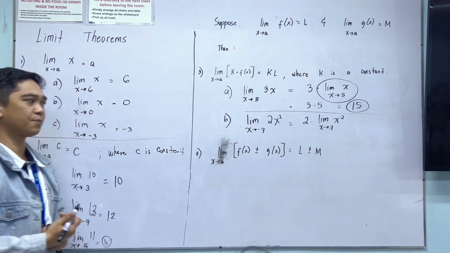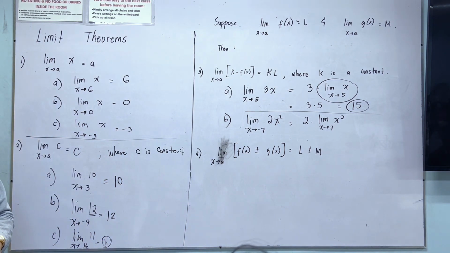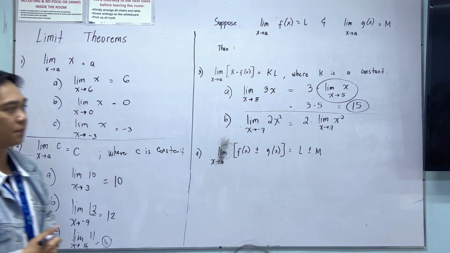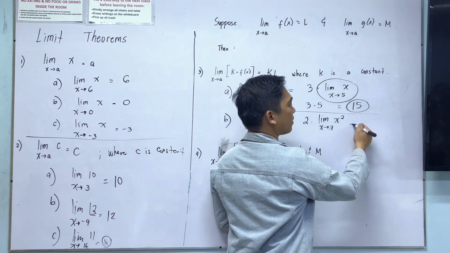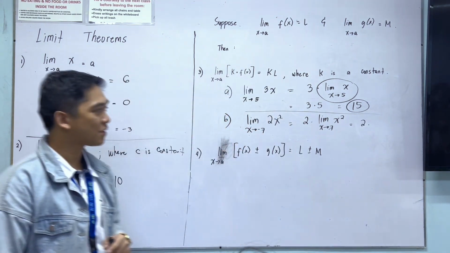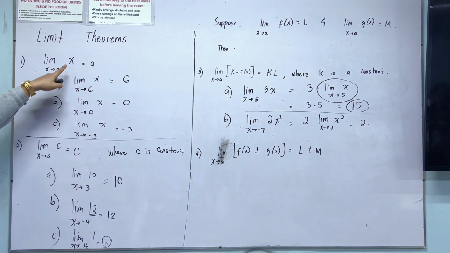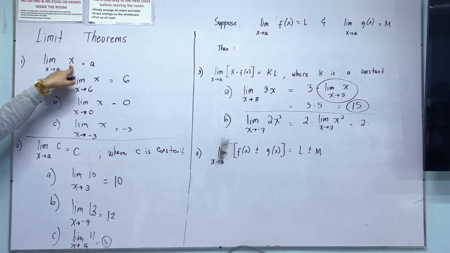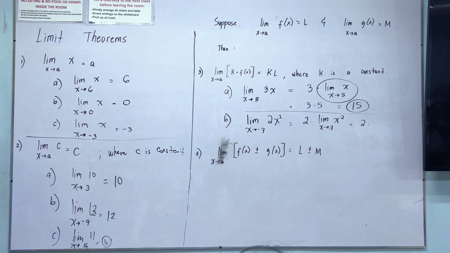Anong next? 2 times negative 7? Agad? Sabi niya sa theorem 1, dapat wala siyang square.